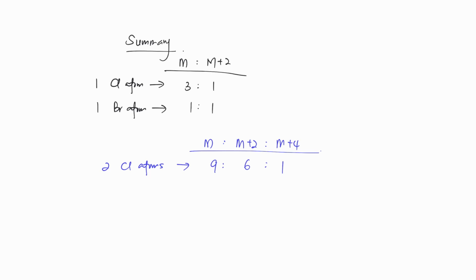If a molecule has two bromine atoms, we will also have the pattern of the mass number with M, M+2, and M+4. So the relative heights for these three peaks will be 1:2:1.